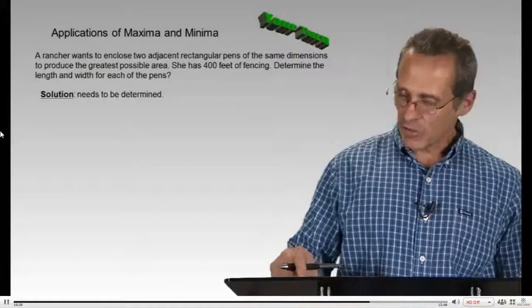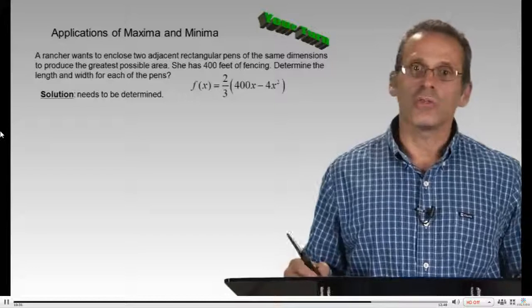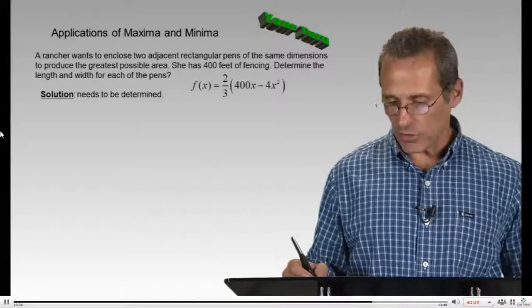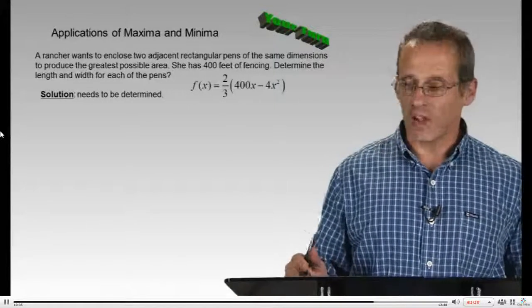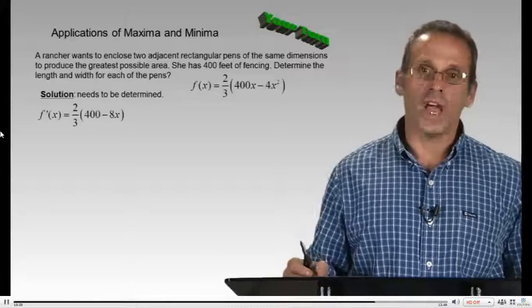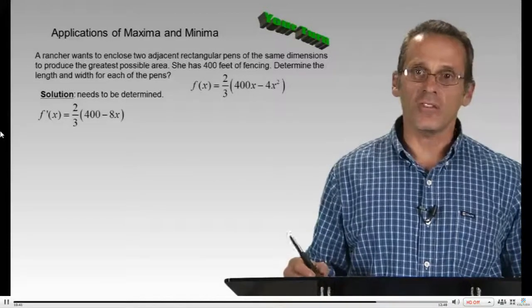So in determining my solution, I will choose the version 2/3 times (400x minus 4x squared). I'll differentiate: 2/3 times (400 minus 8x).